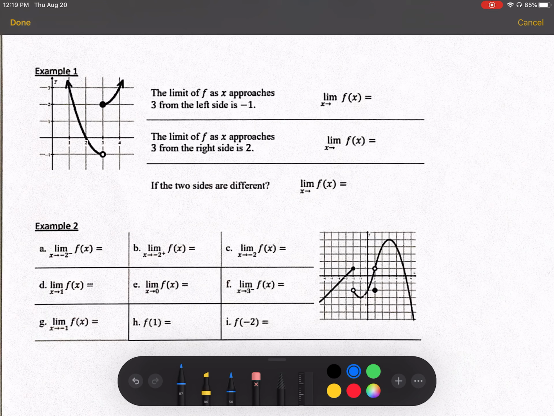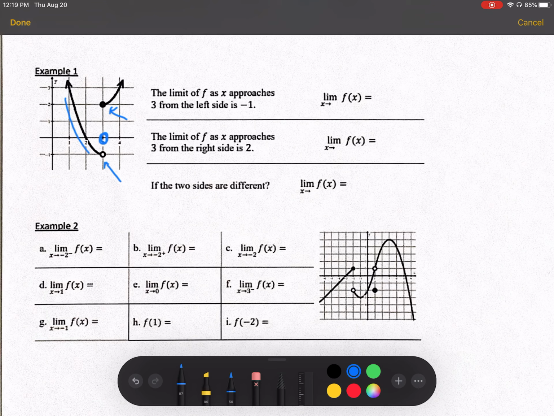In this first example, it says the limit of f as x approaches 3 from the left side is negative 1. What that means is, if we're looking at this x value of 3 right here, I have two sections of graph, and I need to know which one to follow. This wants us to go from the left side.